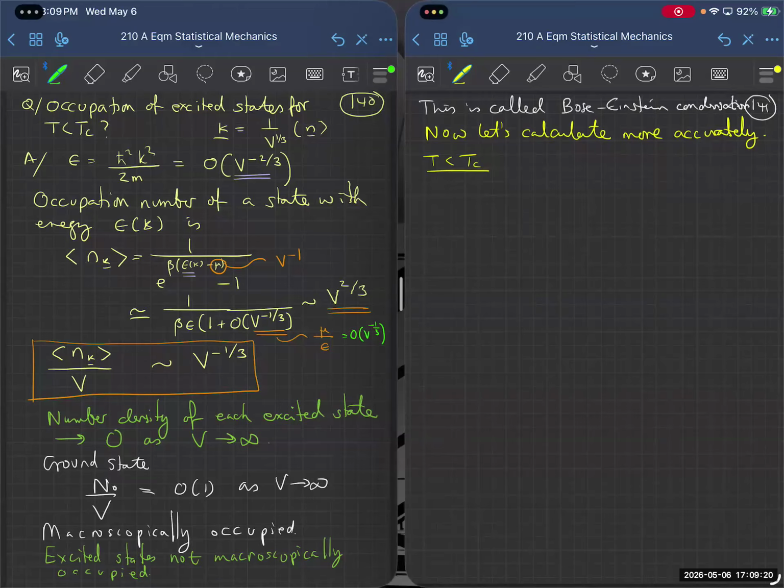And now I want to know, what do I do to compute the number of particles in the excited states? Well, since mu over epsilon is of order V to the minus 1/3, when T is less than Tc, I can set mu equals 0 in the Bose-Einstein formula.